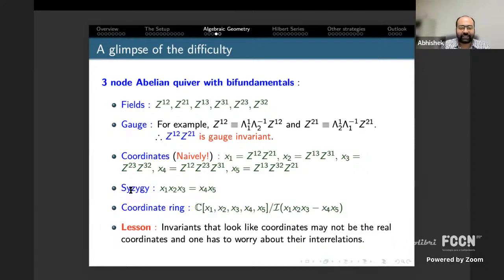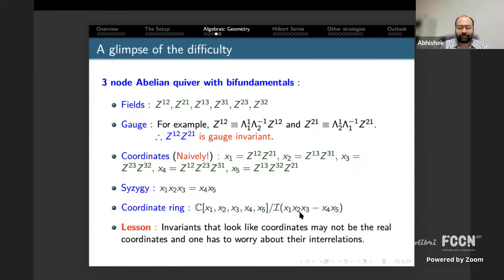So you have relations like this, and even without any F-term or any ideal to begin with, there is an ideal, and this is the ideal in this case. So the correct coordinate ring is this x1 to x5 modded out by this extra constraint that you have.